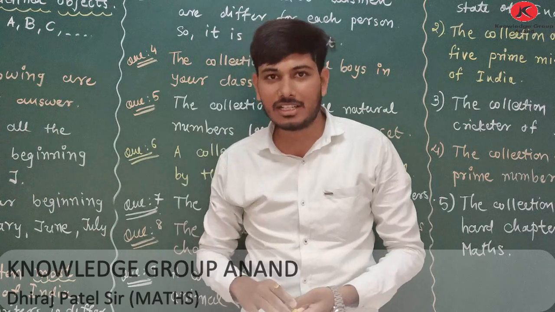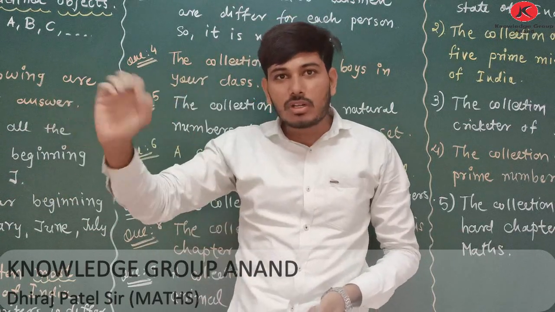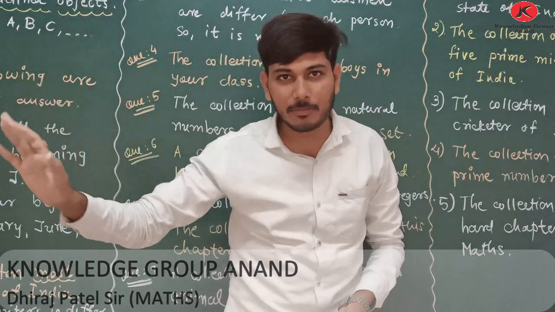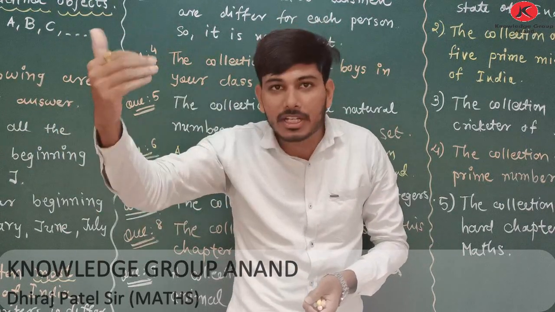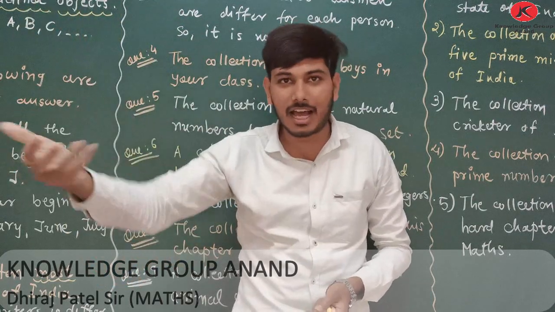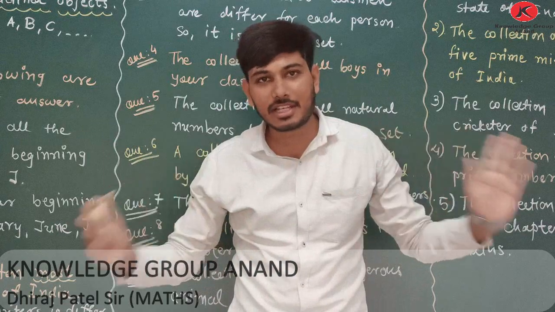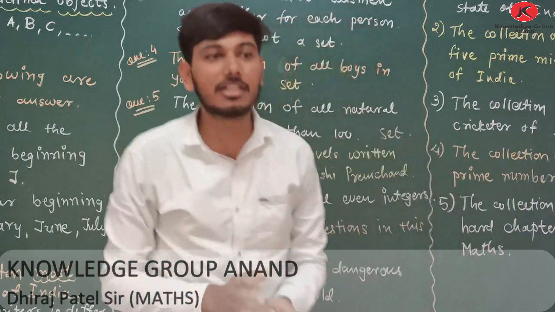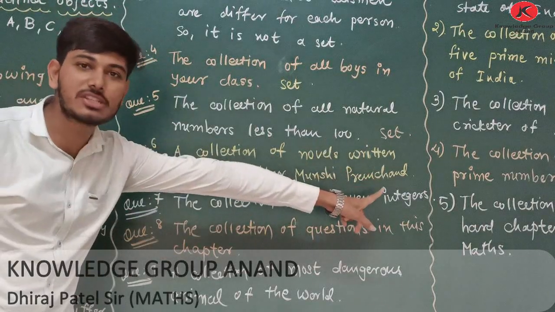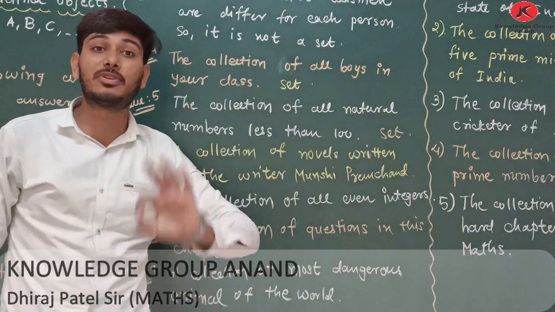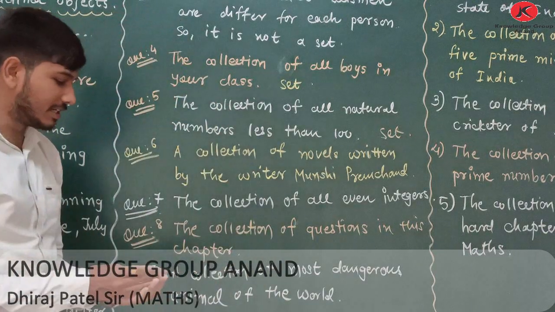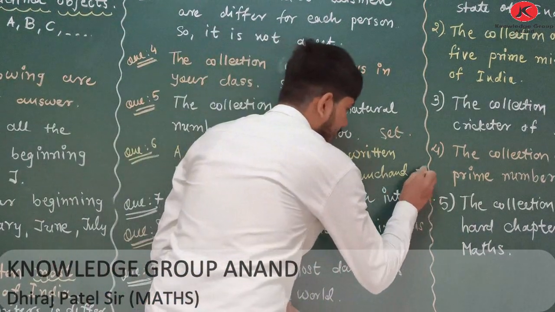Whether I search with Google, Wikipedia or any other source, the answer will be the same. Therefore, we can say that the collection of novels written by Munshi Premchand is a collection of well-defined objects. Therefore, it is a set.